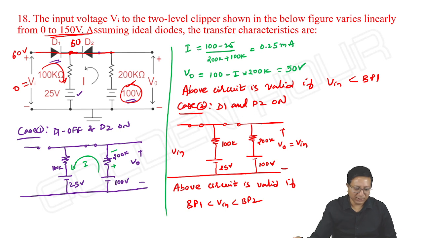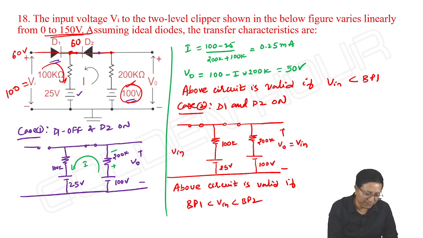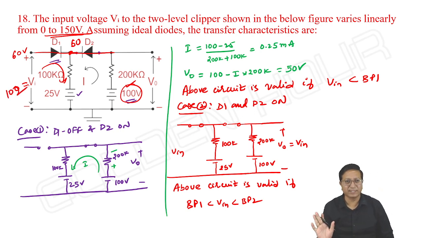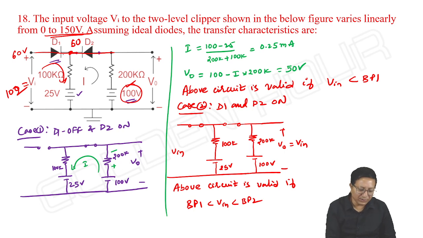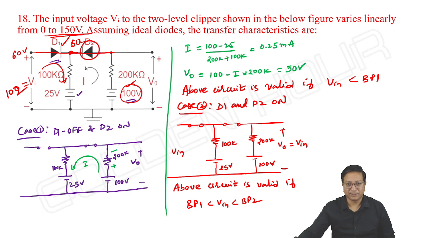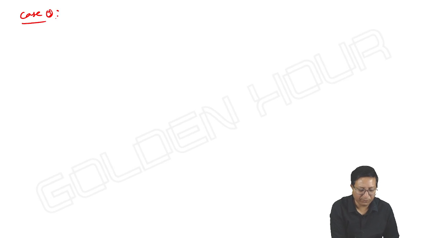So if input is more than 100 volts, maybe 101 or 1.1, we do not know exactly, then D1 is still on but D2 is off. Okay, that's the meaning of it. Case 3. Still D1 is on and D2 is off.